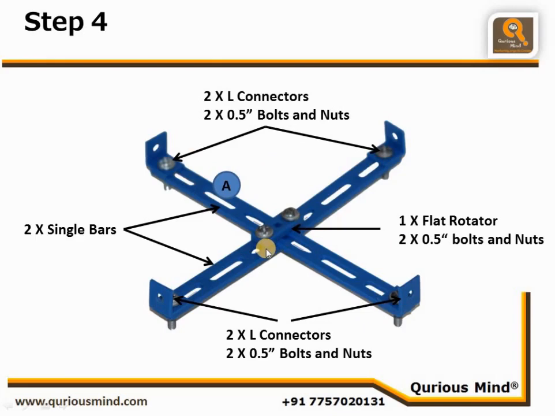At the center, the single bars are perpendicular to each other and they are secured using a flat rotator and two nuts bolts, because here we don't want to make a hole, but here we want to ensure that this assembly of single bars rotates along with this flat rotator. So we have kept only the square hole open. We'll call this assembly as assembly A.